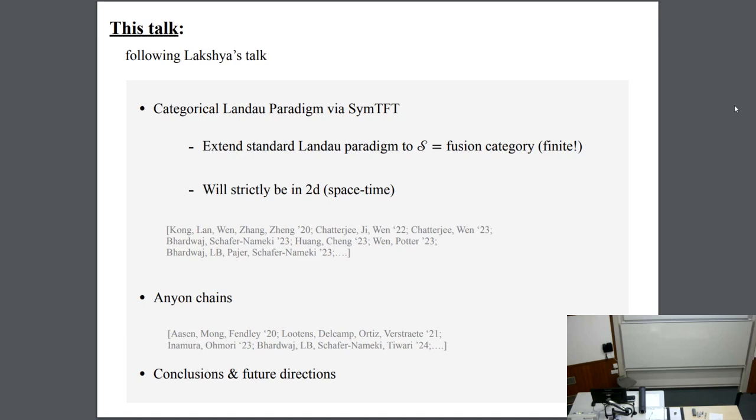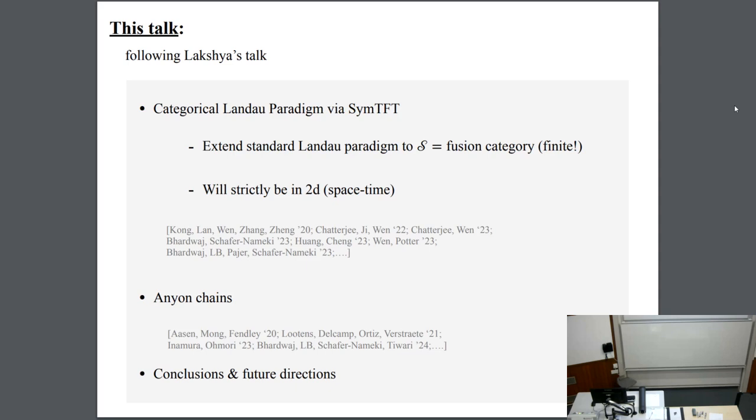So the plan of the talk is that I will build on the story that Laksha told you about the categorical Landau paradigm. And I, in particular, will explain how we can characterize this using the SymTFT. And so, again, the idea is to extend the standard Landau paradigm where we take our symmetry S, not to be like a standard vanilla group-like symmetry, but a non-invertible symmetry, which is described by a fusion category.